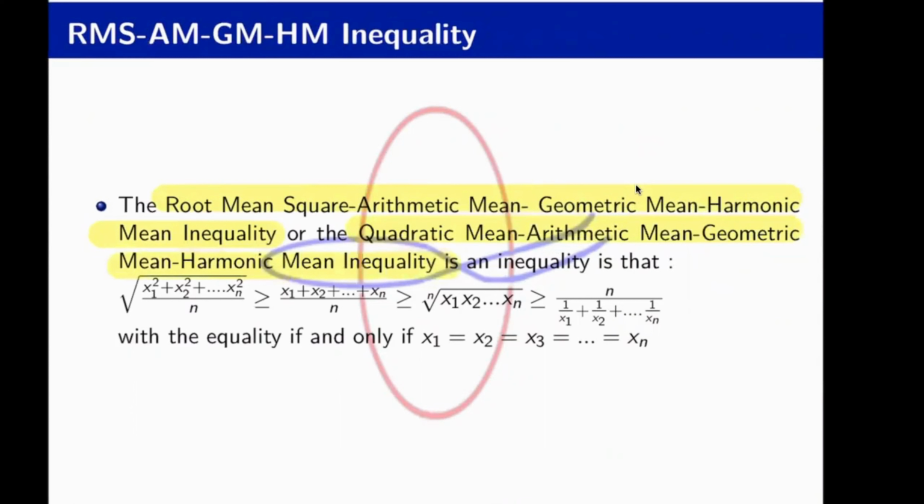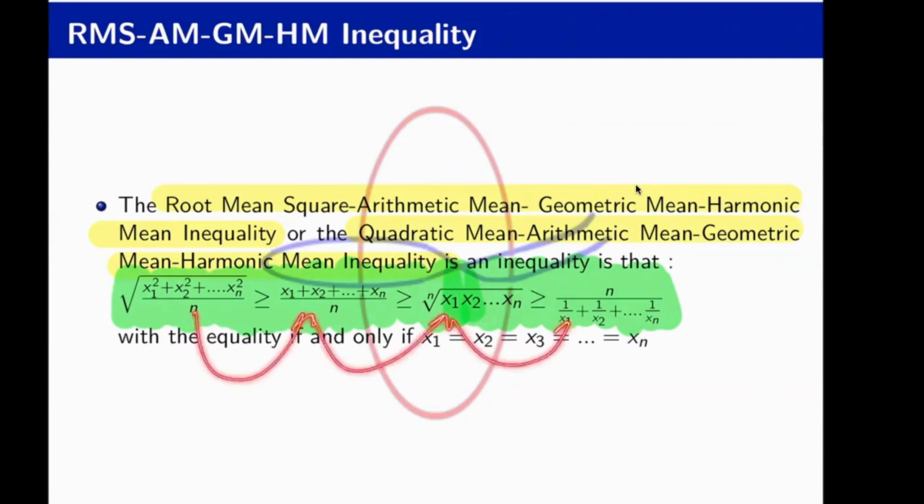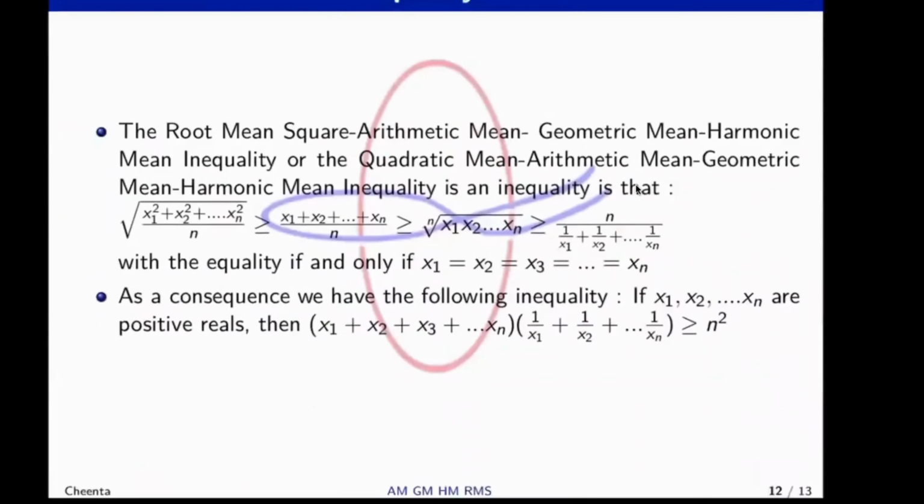The root mean square is the root of x1 square plus x2 square plus and so on plus xn square, divided by n. Equality holds if and only if x1 equals x2 equals x3 and so on equals xn. So that completes this RMS, AM, GM, HM inequality.